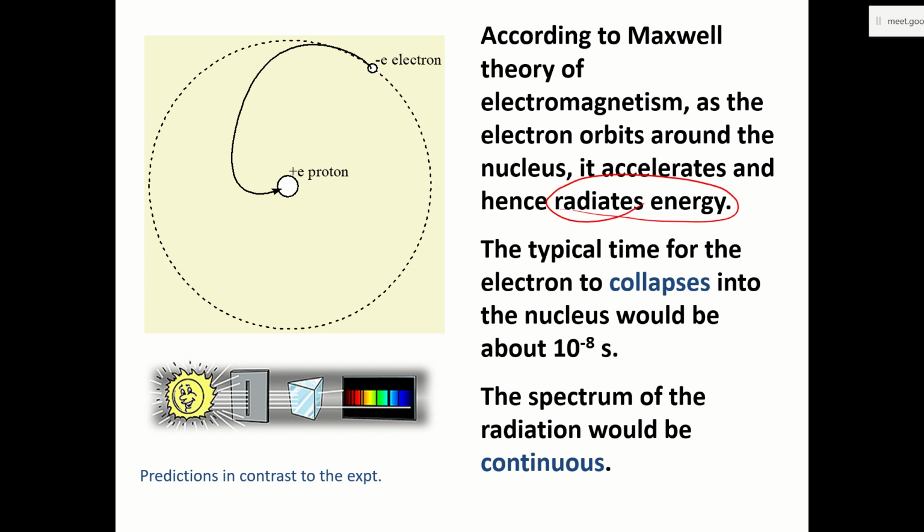This is classical Maxwell theory of electromagnetism. So if the electron is moving like this, then it must be continuously losing energy and ultimately it will collapse.